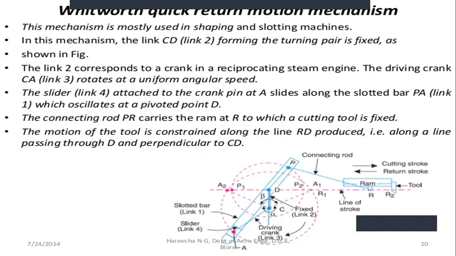The motion of the tool is constrained along the line RD produced. So RD is the position of the ram and the fixed position of the slotted bar.